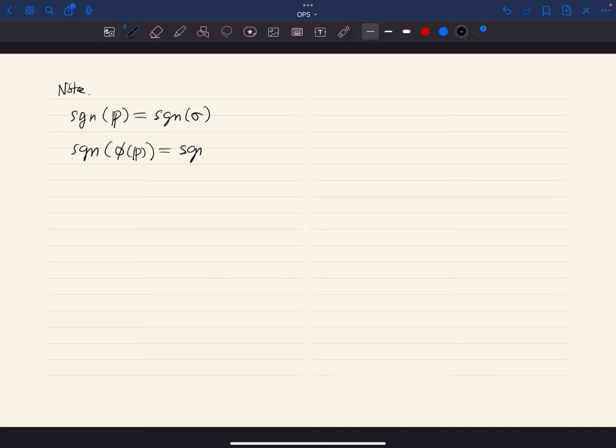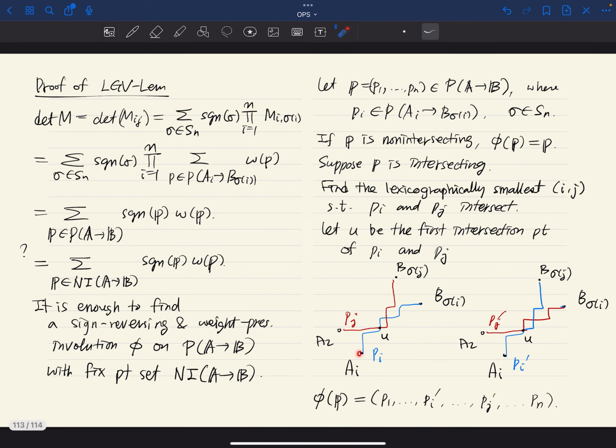It's almost the same as sigma, but in the original path, the i-th vertex is connected to sigma(i), but now it's connected to sigma(j), and this, of course, is a_j, is connected to sigma(i). So everything is the same except for i and j, whose images are interchanged.